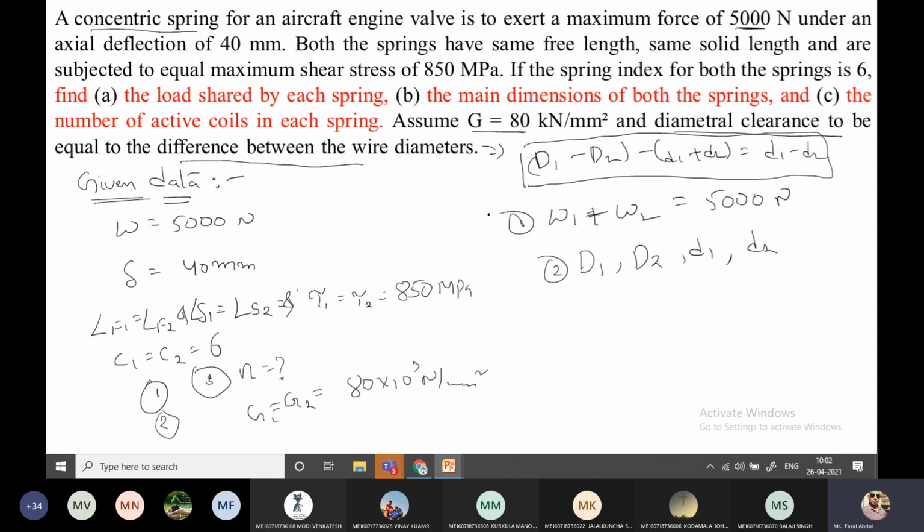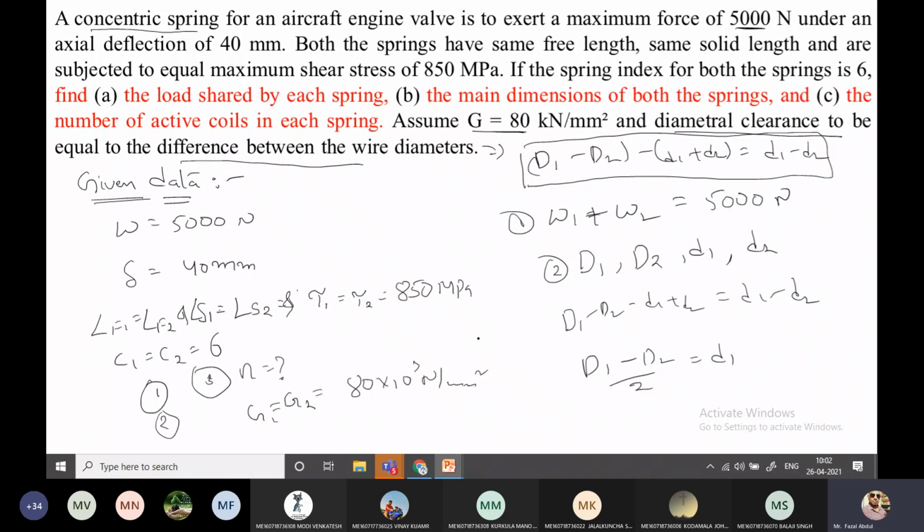Now, as per the question, the diametral clearance is equal to the difference between the wire diameters. So again I am writing D1 minus D2 minus d1 plus d2 equals d1 minus d2. With this I will get (D1 minus D2) by 2 equals d1.